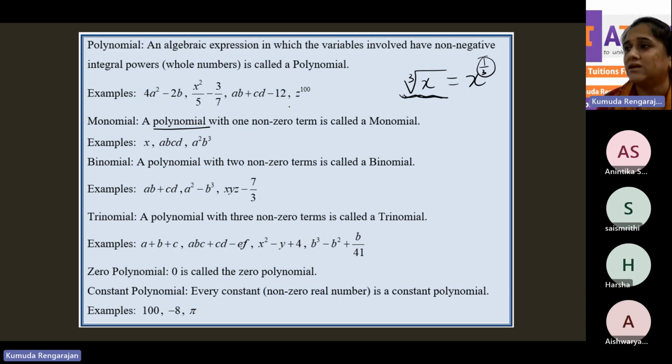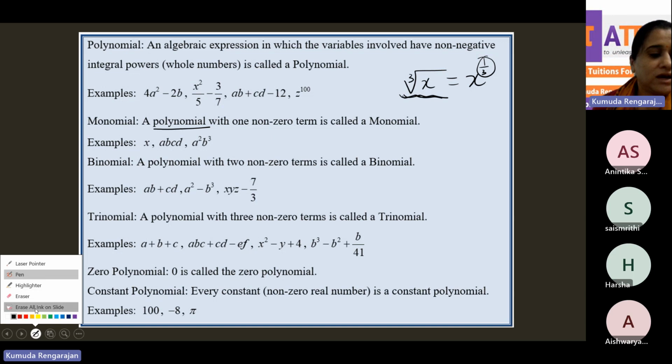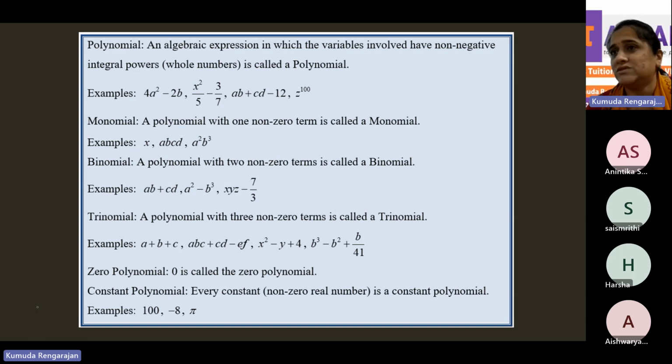First check if it is a polynomial. If it is, then check if it has only 1 term; then it's a monomial. Binomial: a polynomial with 2 non-zero terms. Trinomial: a polynomial with 3 non-zero terms.